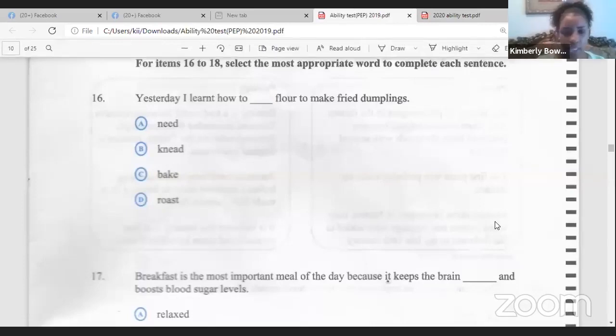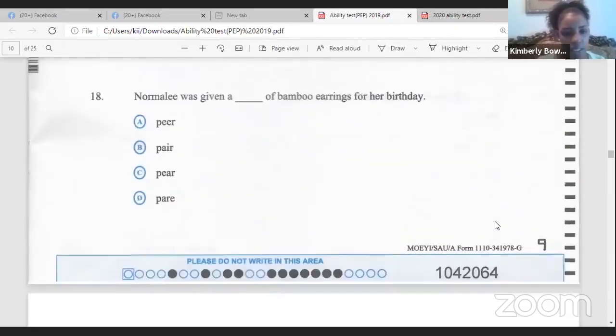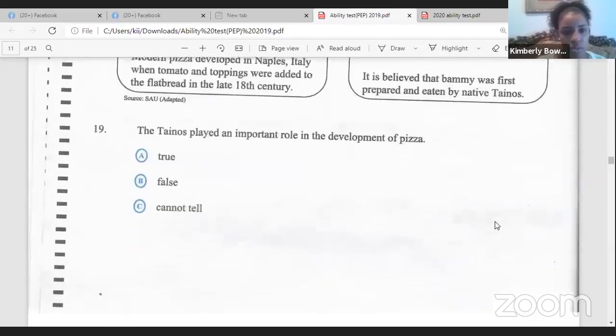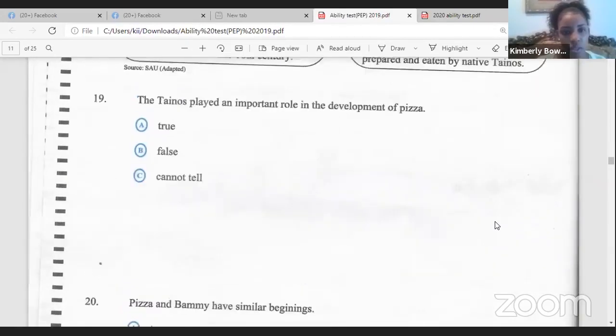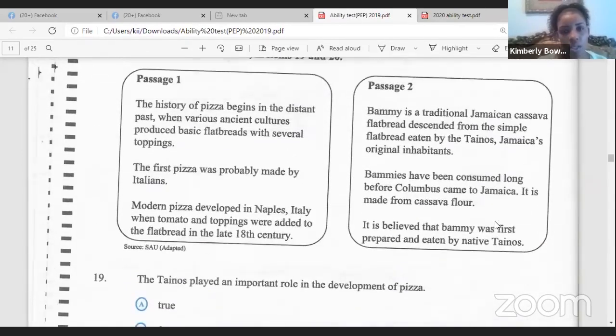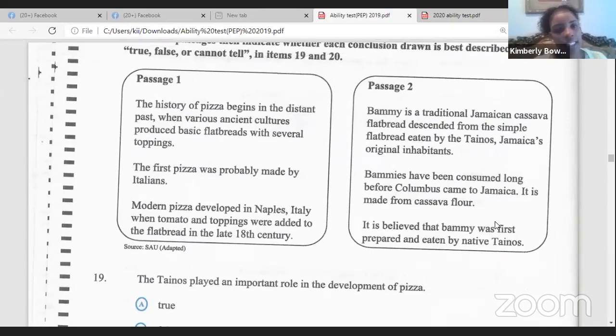Let me look if there's a similar question like this on the 2019 past paper. This looks a little similar in a sense, but you're not given only one set of information, you're given two sets of information, similarly to what is on the language arts performance task, but at a smaller scale.